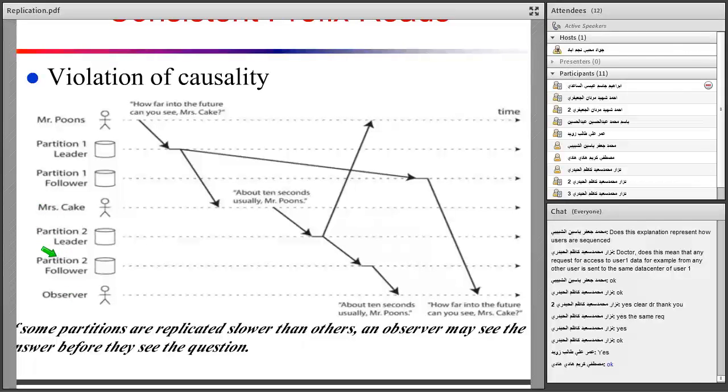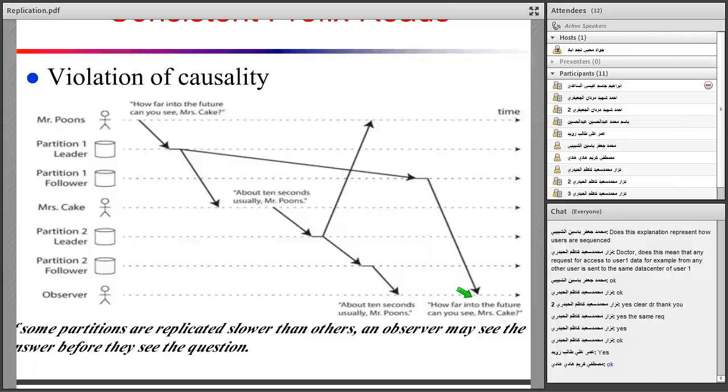Unfortunately, since the follower of partition 2 gets the latest information sooner than the follower of partition 1, this message is sent to the observer first, and after that the message from the follower of partition 1 is sent to the observer.